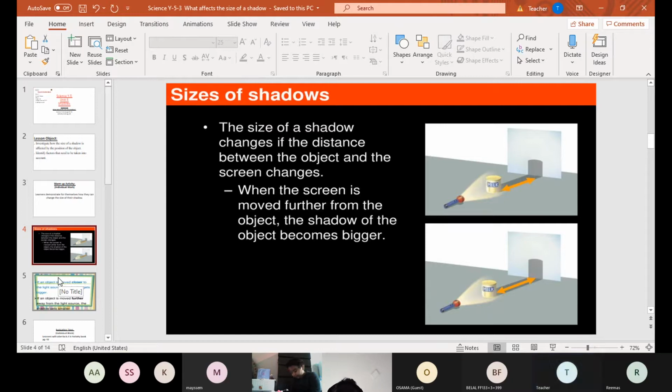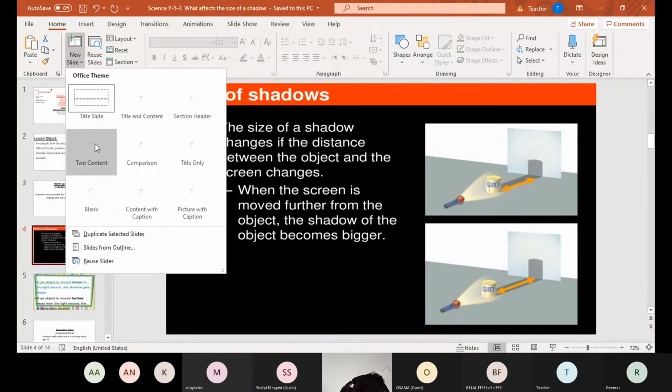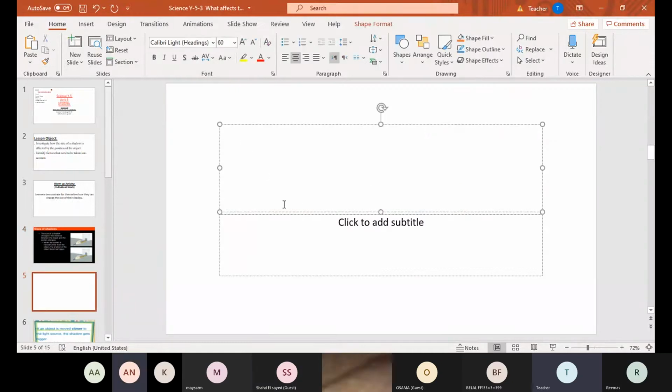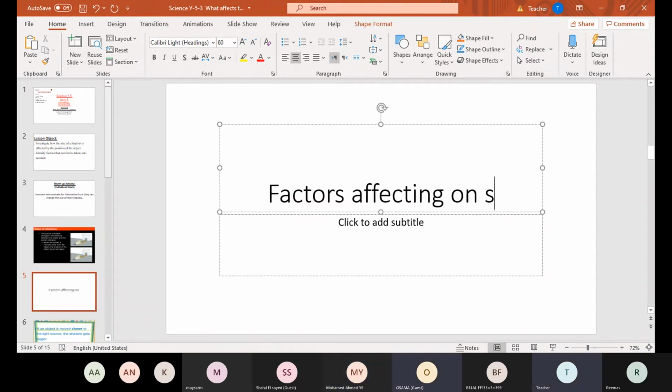Is that clear? Can you please write down in your notebook the heading: Factors affecting shadow size.